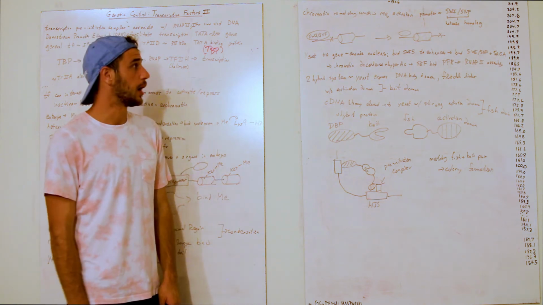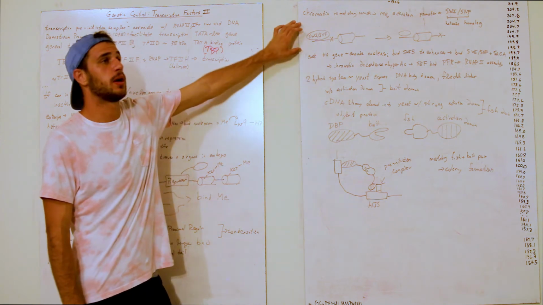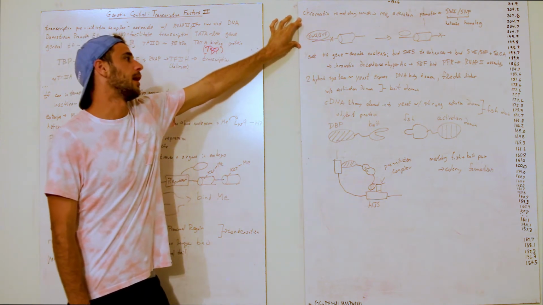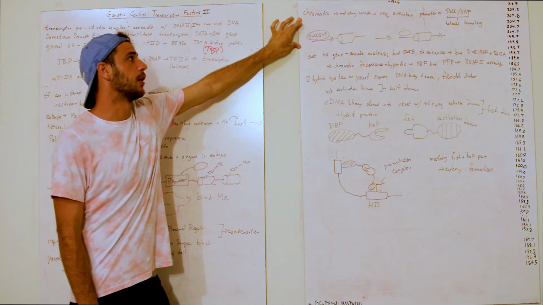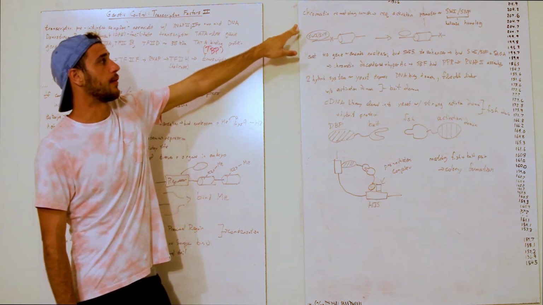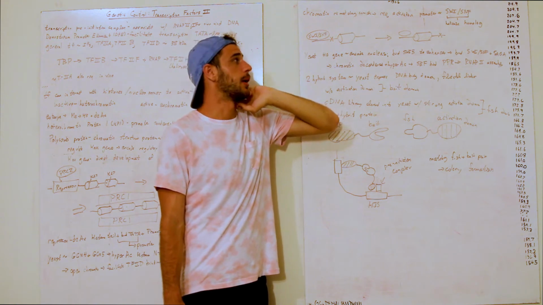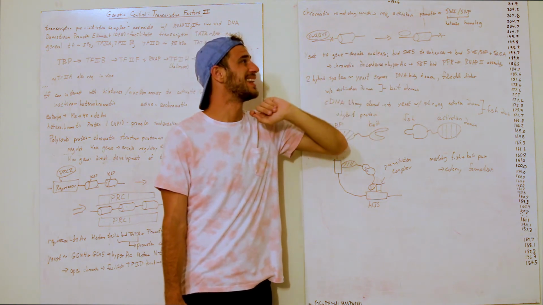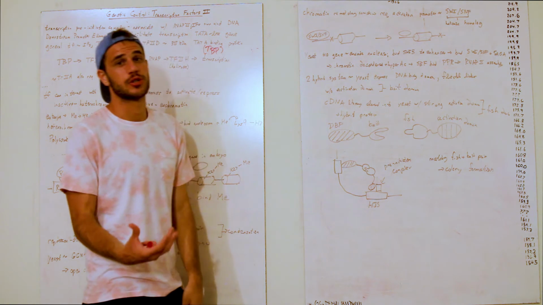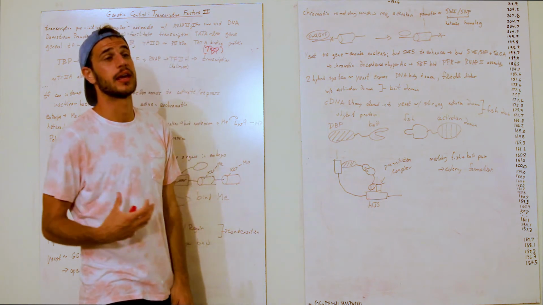So moving on, there's also another way that we can remodel the chromatin. You can have a chromatin remodeling complex, and the most typical one that you're going to hear about is SWI/SNF. These guys are actually homologous to the helicase protein.